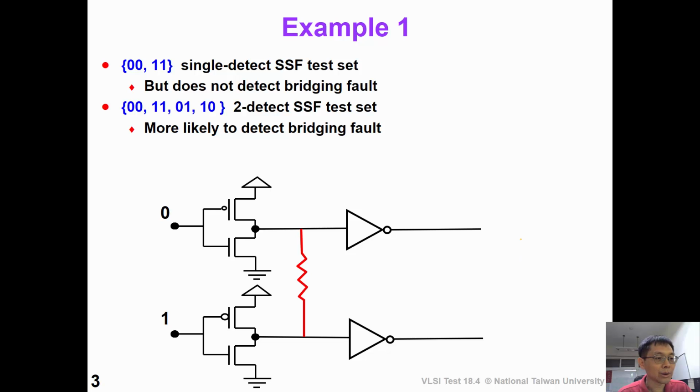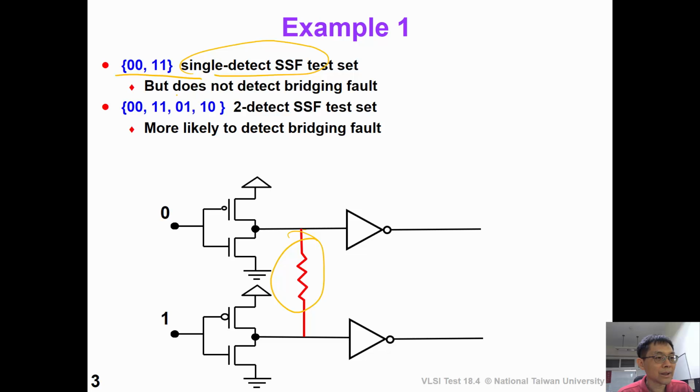Here is a simple example to illustrate the effectiveness of N-detect test set. Suppose we have a simple circuit like this, and suppose we have a bridging defect between two wires. Suppose we apply 0011 to this simple circuit, which is a single stuck-at fault test set.